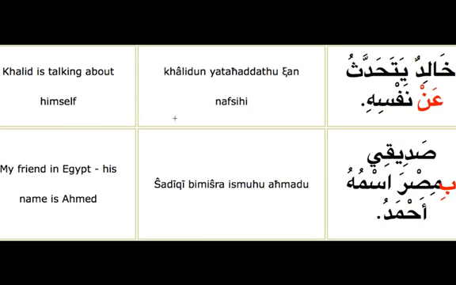So let's do some sentences. Khalidun yatahaddasu an. Khalid is talking about. An means about. Khalidun yatahaddasu an nafsihi, about himself. Nafs means self. Khalid is talking about himself.